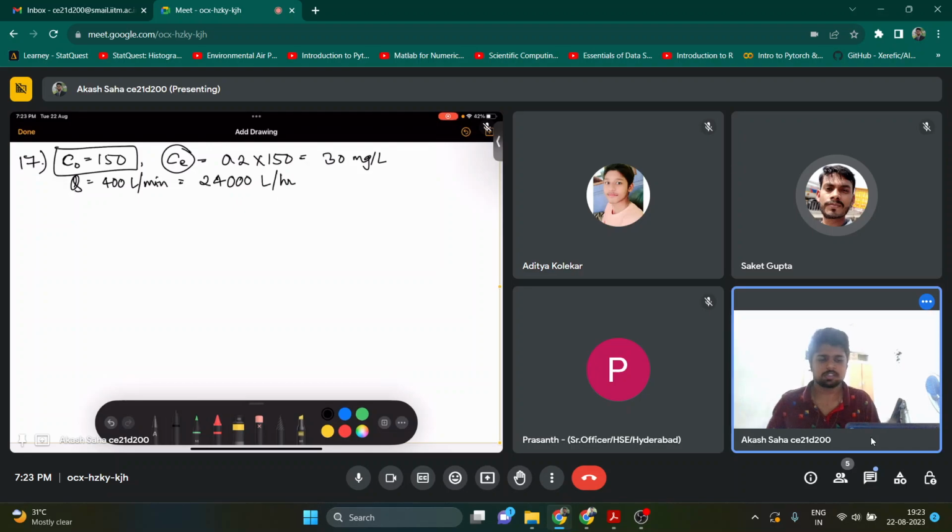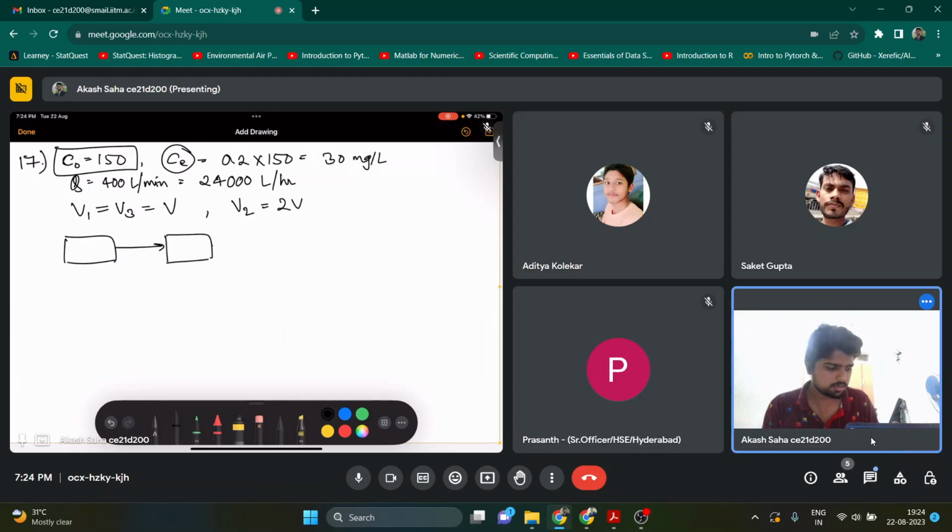So my Q value is this, and we know that my volume 1 will be equal to volume 3, let it be V, and my volume 2 is equal to 2 times V. Let this be my reactor.